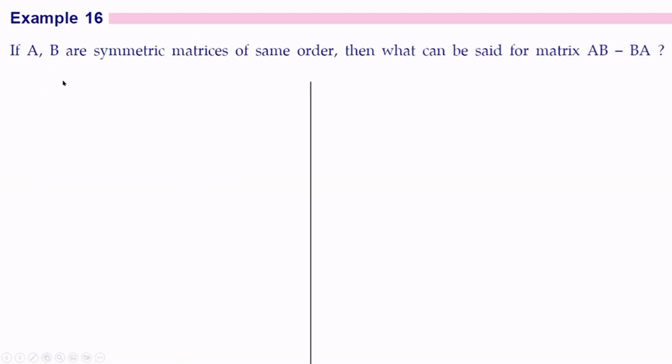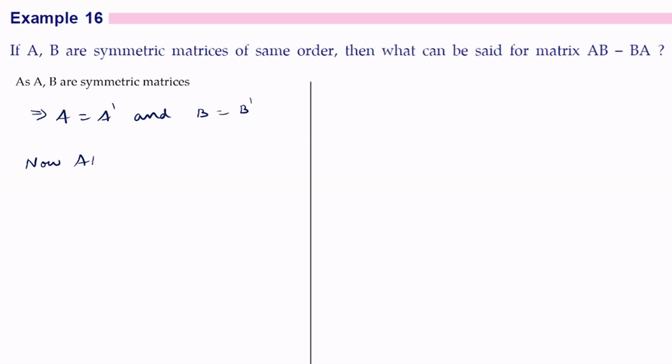And next we have the next example. If A, B are symmetric matrices of the same order, then what can be said for matrix AB minus BA? So here it is given A and B are symmetric matrices of the same order. Since A and B are symmetric matrices, this implies A equals A transpose and B equals B transpose.